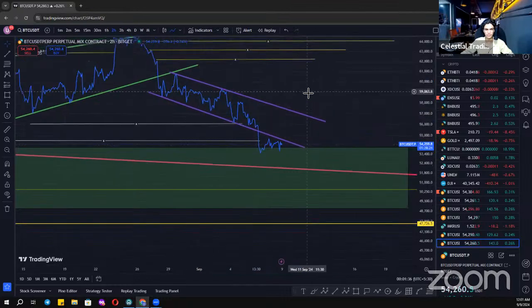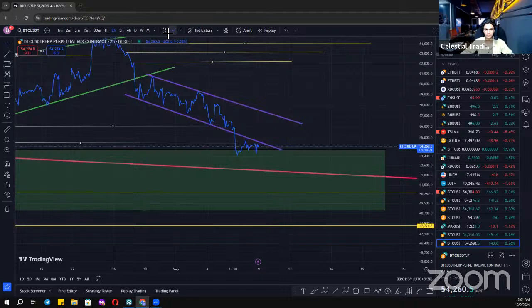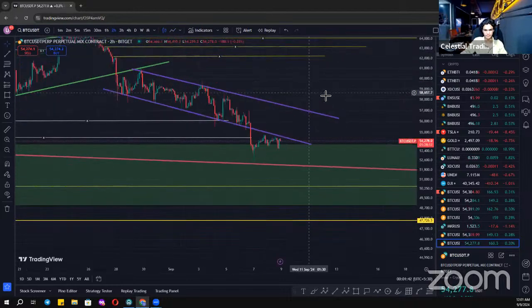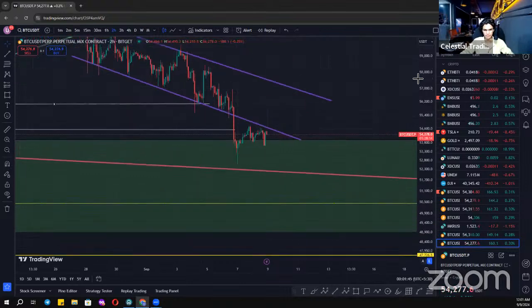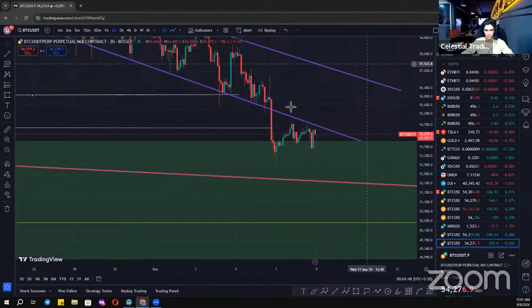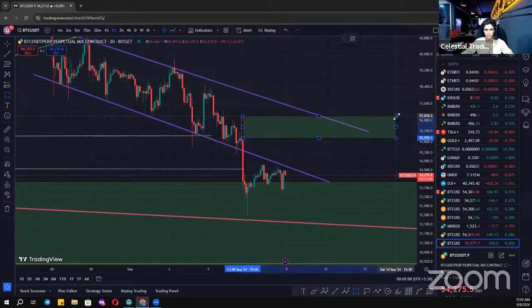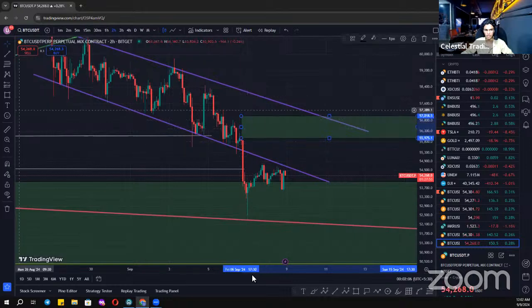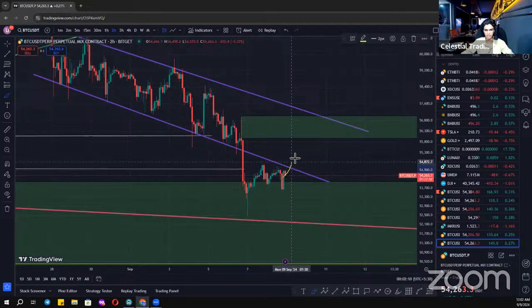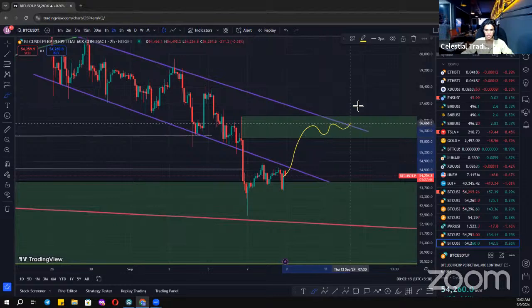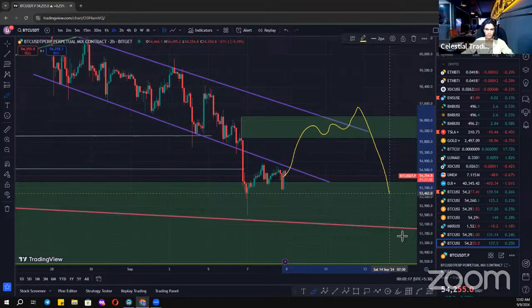Okay guys, and once again we have so much liquidity and very big selling pressure in these zones, so we can expect the market to sell after it has mitigated, or make a range and take the liquidity and fall to the downside.